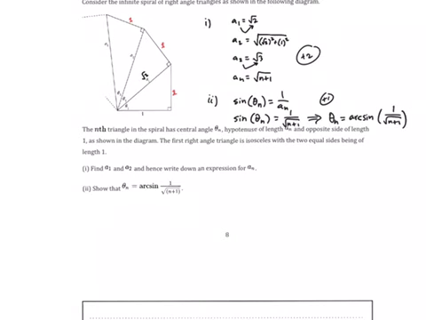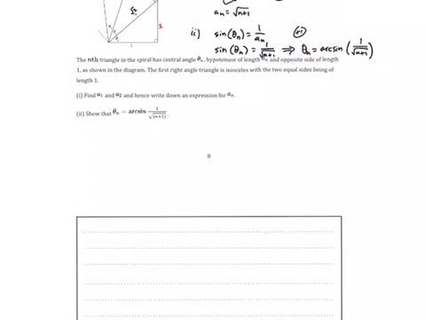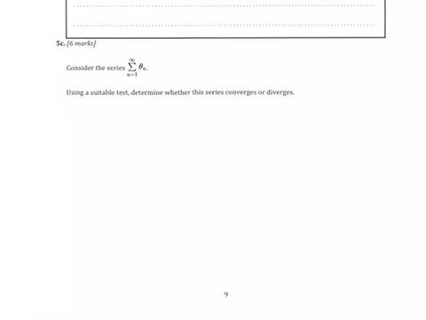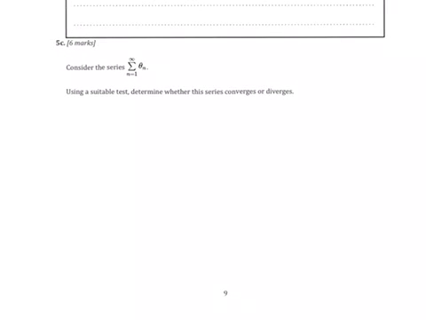Okay, let's see what happens here in part C. It says for 6 marks, okay, a little bit more maybe to do here. Consider the series, n equals 1 to infinity, of the sum of all the angles.